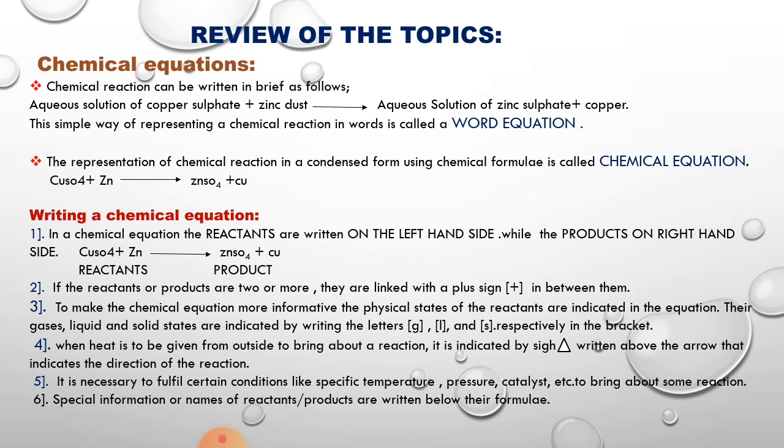Then point number 6, specific information or names of the reactants and products are written below their formulas. If sulfuric acid is concentrated, it is written below the formula that it is concentrated, otherwise it is dilute.